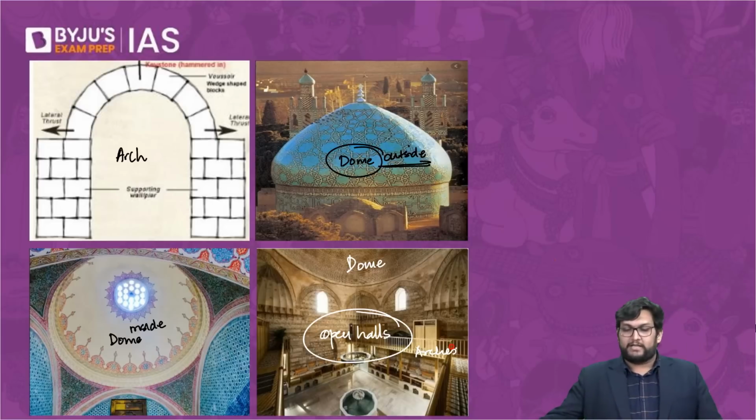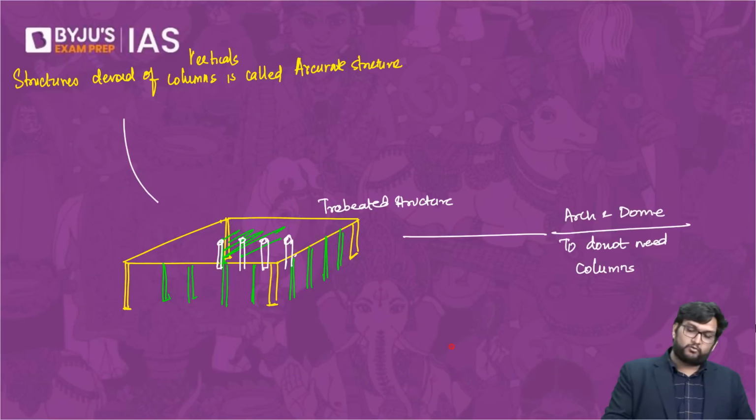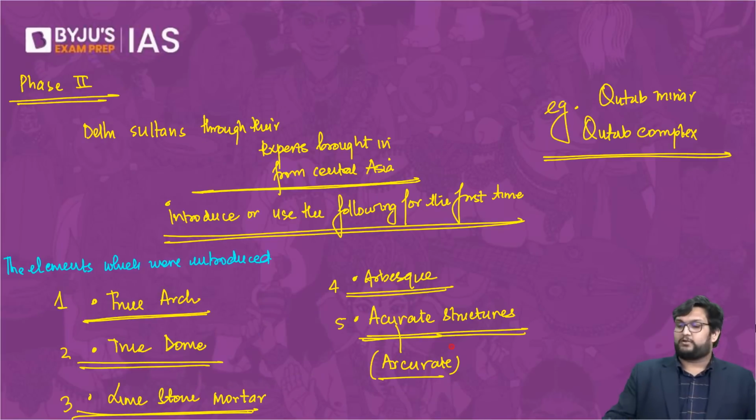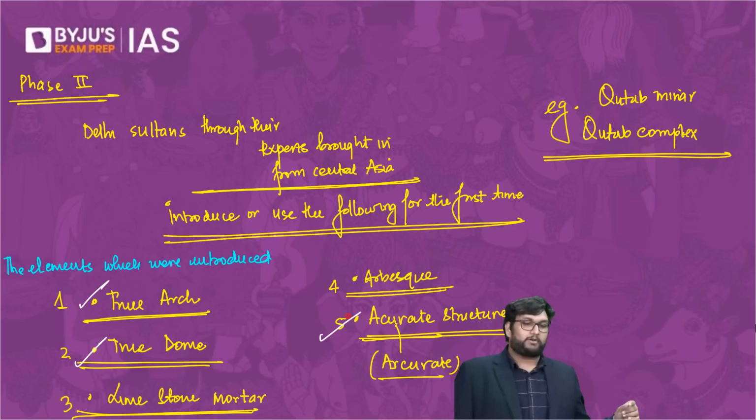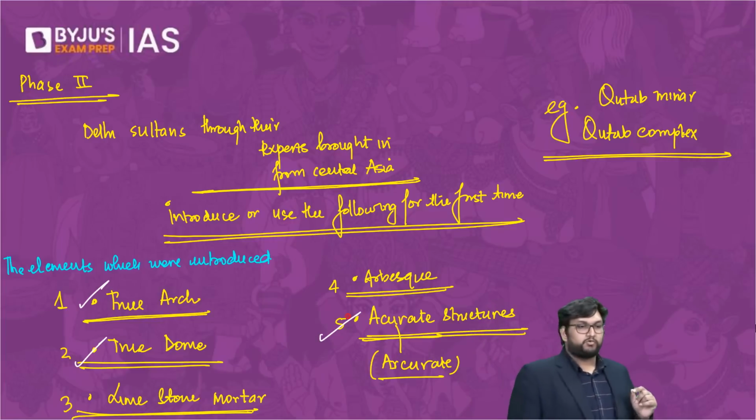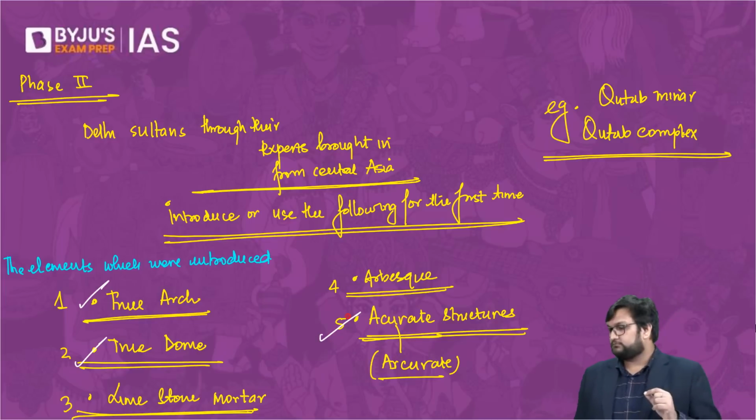Now, I told you that Delhi Sultans gave us true arch, true dome, and arcuate structures. If these 3 points are clear, then I'll tell you why limestone mortar is important, what is arabesque. Can we discuss phase 2? Yes? Okay.